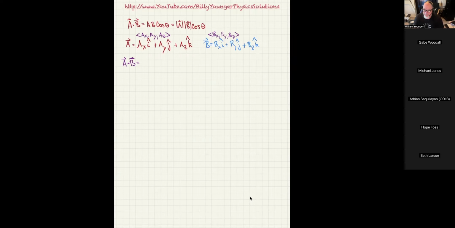Notice I use less than and greater than symbols instead of parentheses. When you use parentheses, those are supposed to represent points, but if you use less than and greater than symbols to enclose those ordered triples or ordered doubles, then they represent vectors.